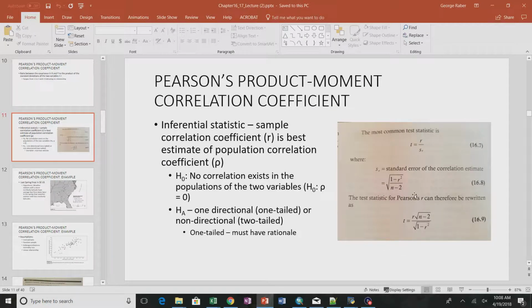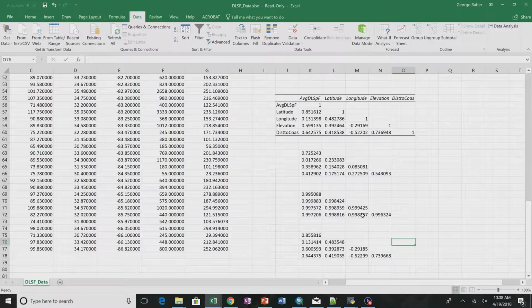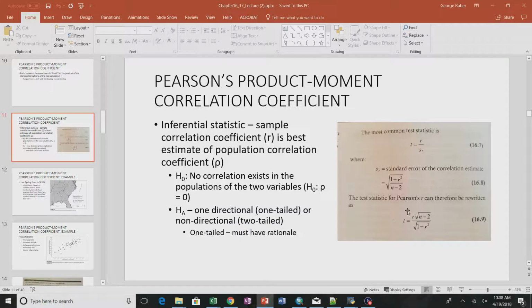It is a t statistic, so we have to look it up on the t table charts. What's the degrees of freedom?